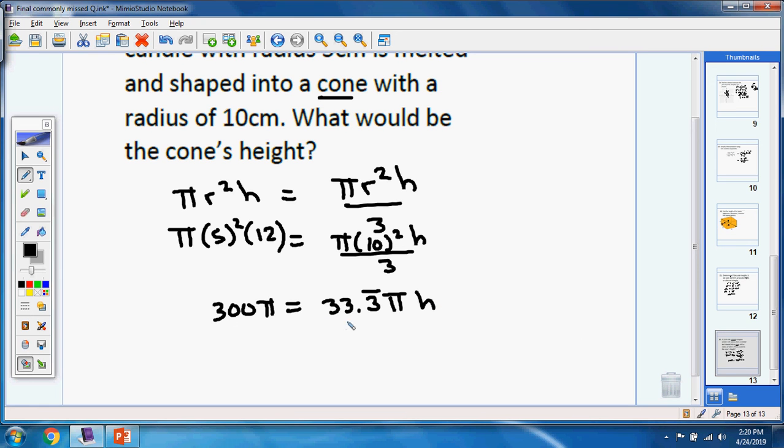So if I divide both sides by that, again, the pi symbols will divide out. So on my calculator, I'm going to type that in. Let's see if it comes out. Filling up the screen with a bunch of 3s. It comes out to essentially 9. So the height would be 9 centimeters.